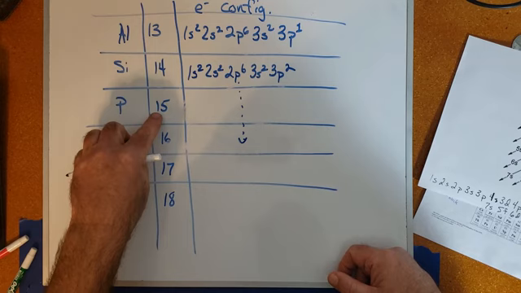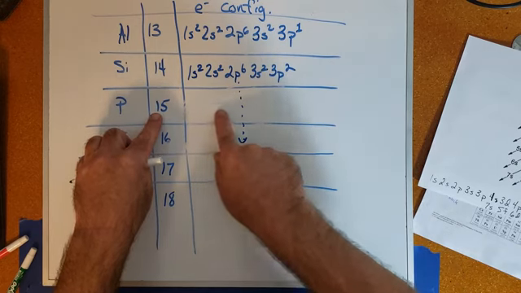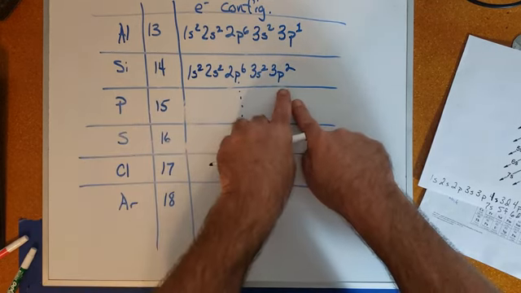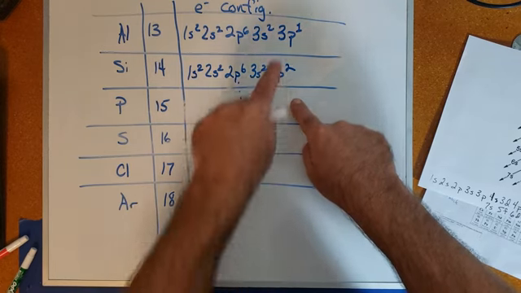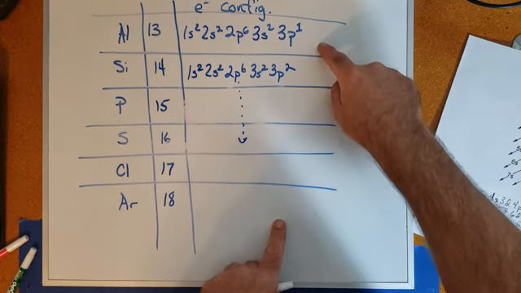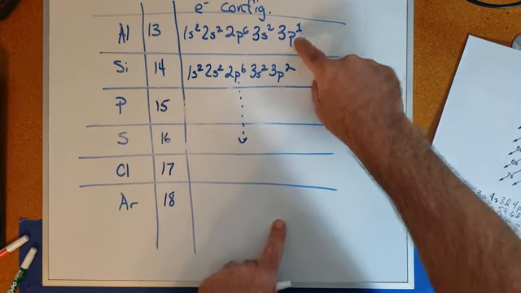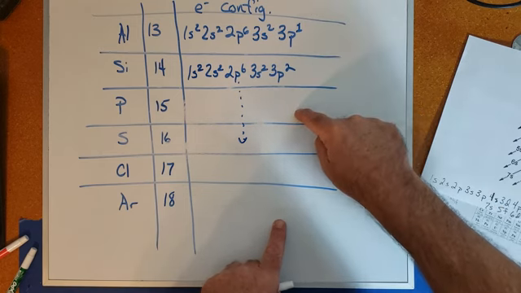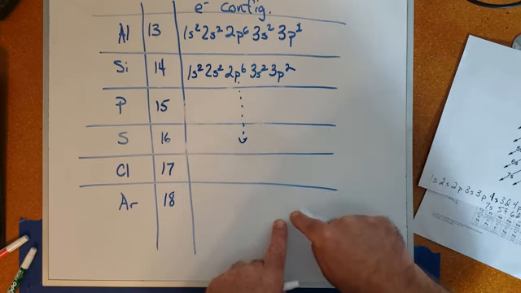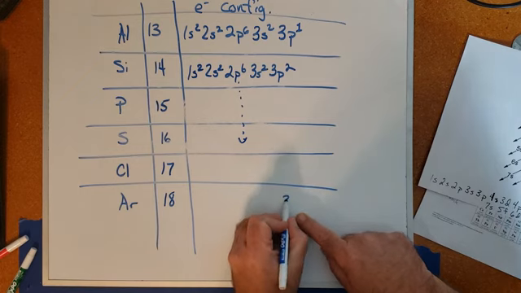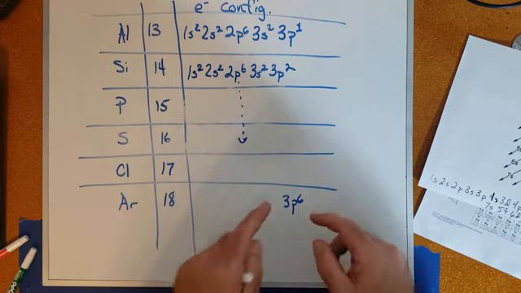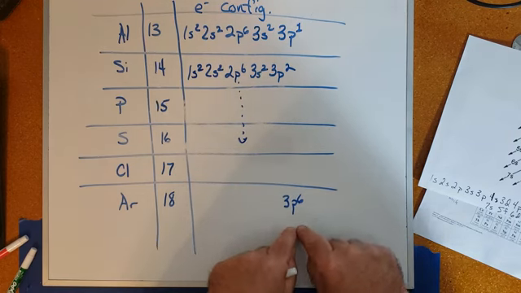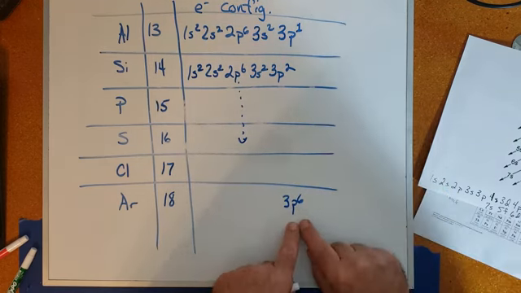Instead of 14, phosphorus has 15. Where does the 15th electron go? The same is true for the rest of them. By the time I get down to argon, how many additional electrons have I added into the 3p? 1, 2, 3, 4, 5, 6. So at the very end, argon is 3p6. Can I fit any more electrons? Nope, p's only hold 6. So I've completely filled up a set of p orbitals going from aluminum to argon.